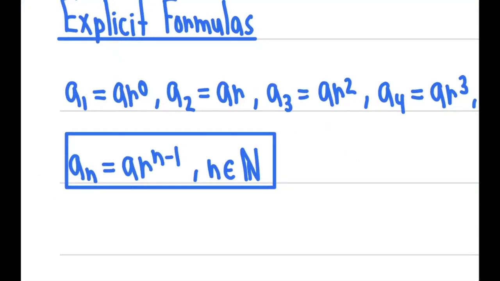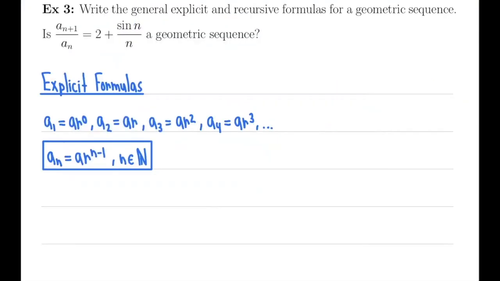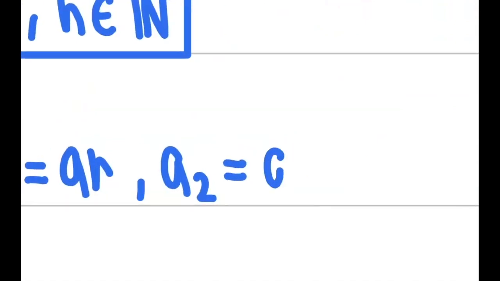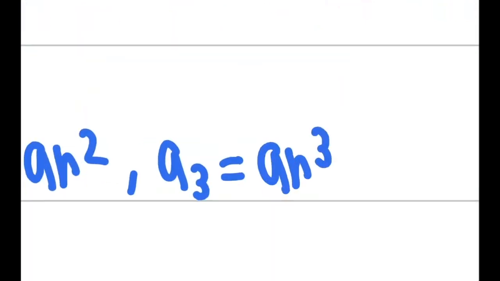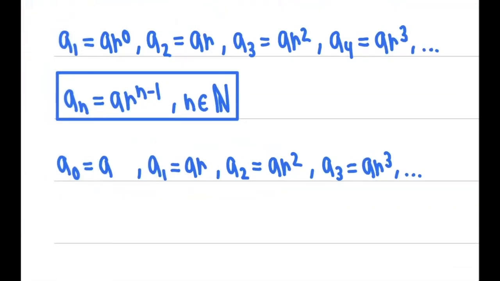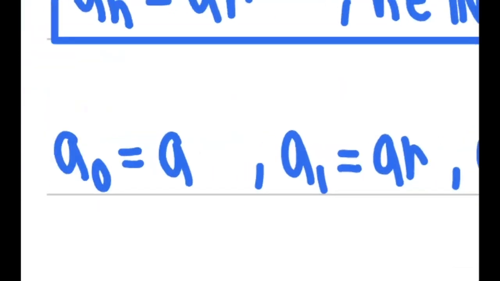Yes. We can do the same thing, but the index starts at 0, and you'll get a slightly different formula. So if I say a0 is a, and a1 is ar, and a2 is ar squared, a3 is ar cubed, and so on. Again, this is really r to the power of 0 here.